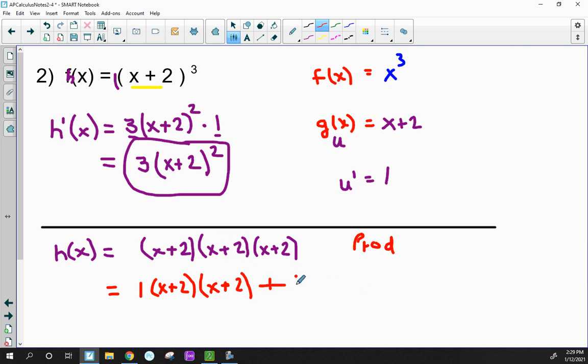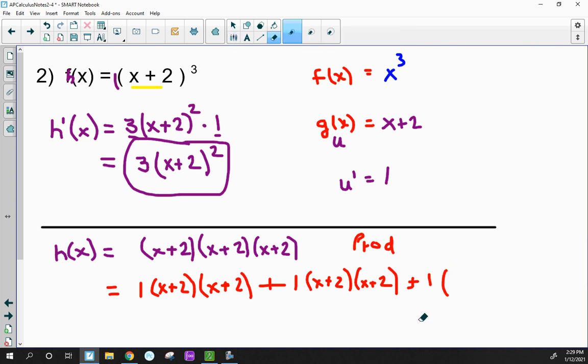Well, it's 1, and then copy down the other functions. Getting the same thing. And then next, remember product always has a big plus sign in between. And then you would find the derivative of this binomial, which is 1, and you'd multiply that also by the other functions, which is the same thing again.